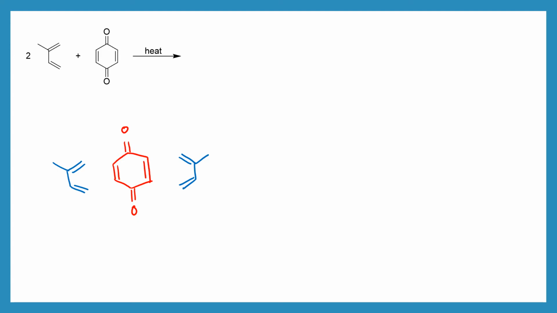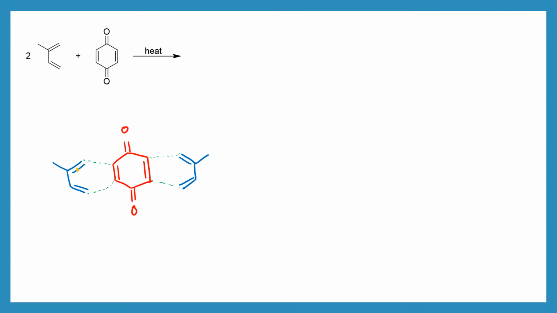And then that means that we're going to be creating bonds here, here, here, and here. So that's how I got the three-ringed structure. The rest of it is just knowing the Diels-Alder mechanism.